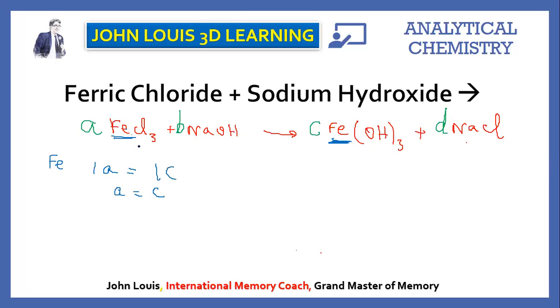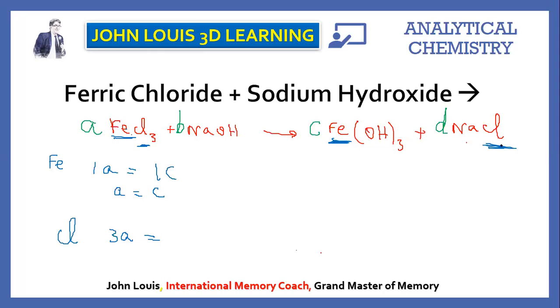Now we take chlorine. How many chlorines on the left hand side? 3 chlorines. Am I right? And the number in front is A. Therefore, 3 into A is 3A. So 3A chlorine on the left hand side is equal to chlorine on the product side.